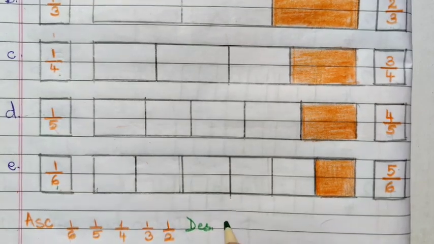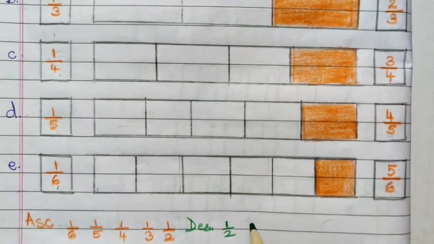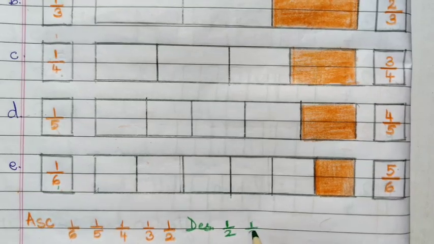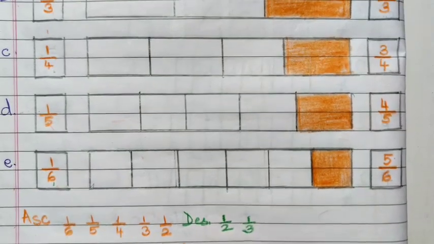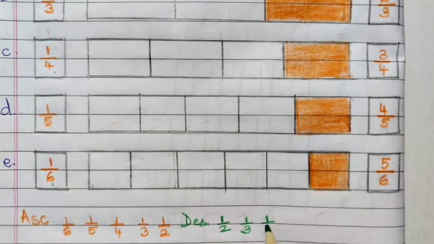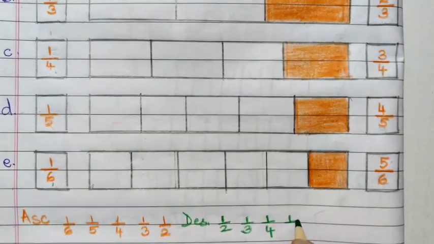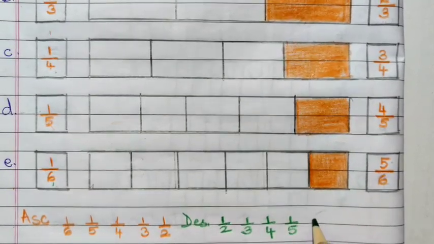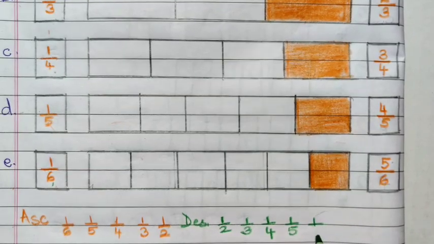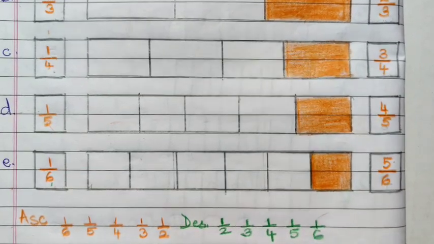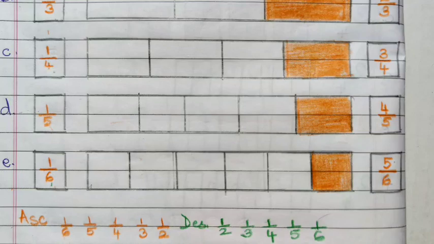Let's write it. 1 upon 2, then 1 upon 3, then 1 upon 4, 1 upon 5, and then last is 1 upon 6. Now, what did you notice over here?